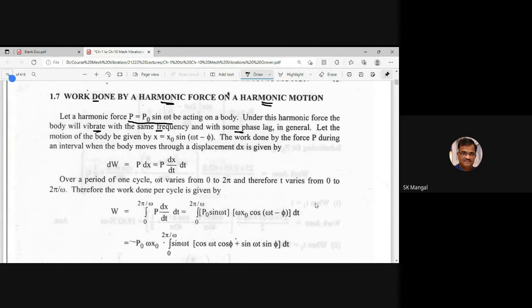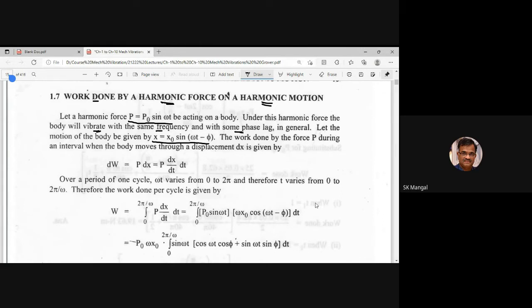Let the harmonic motion because of this harmonic force be given by x naught sine omega t minus phi. It means the motion generated by this force is having a phi phase difference, it is lagging by phi.